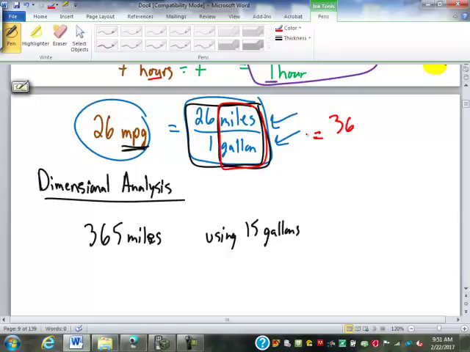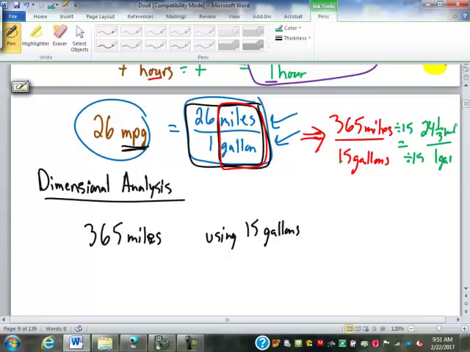This isn't going to be equals because it's different numbers, but it's telling us that the 365 miles has to go on top, and the 15 gallons has to go on bottom. And we need to turn this into a 1 on bottom, so you're going to divide by 15. So that's 1 gallon. Dividing 365 by 15 is going to give us, what, 24.333? So 24 1/3 miles. So that comes out to be 24.33 mpg.